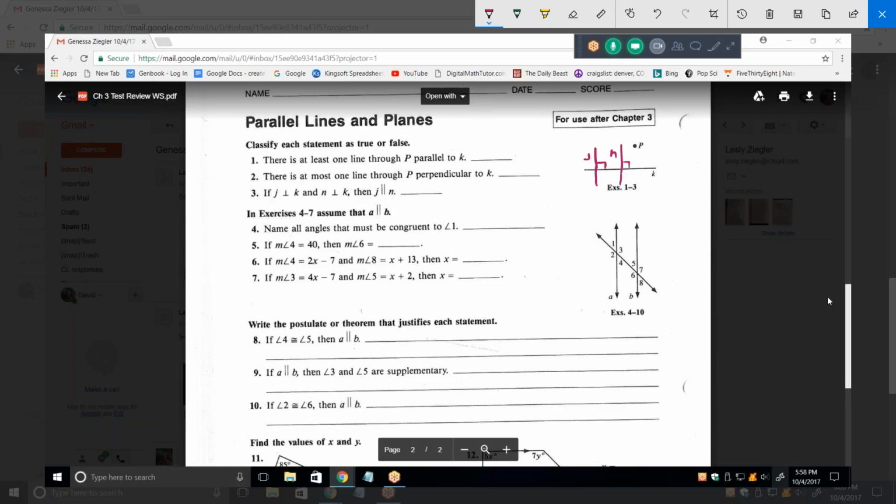By that, I mean that if I want to know if those two lines are parallel or not, and you give me a transversal and you tell me that 1 is equal to 2, those two lines have to be parallel. If 1 is not equal to 2, then those two lines are definitely not parallel.